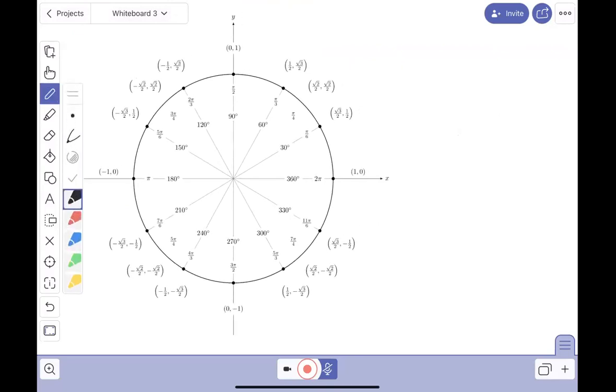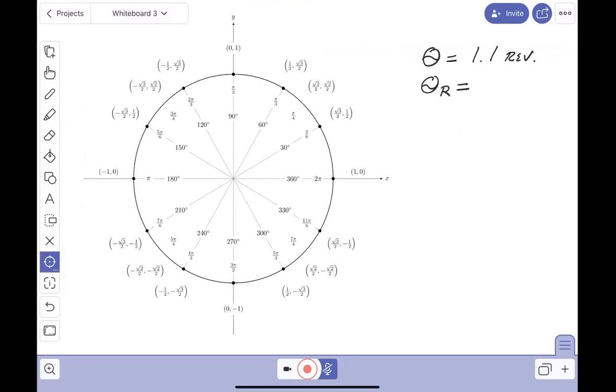All right, let's take a look. Okay, let's say I said the angle theta was equal to 1.1 revolutions. Then someone said, what's the reference angle? Well, let's talk about it. What do you have to do?